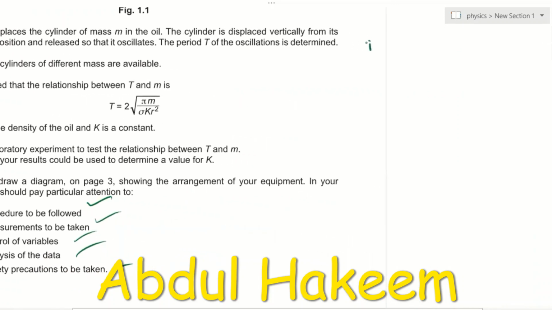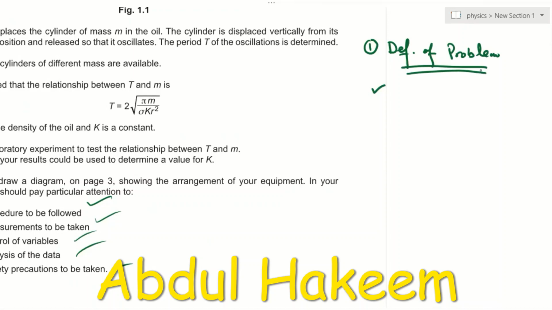So the first heading will be definition of the problem. Under this heading, we have to write the independent variable, meaning the quantity which we have to change, and that is the mass of the cylinder, m.